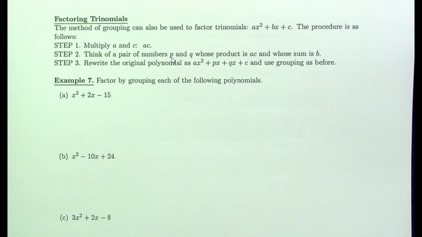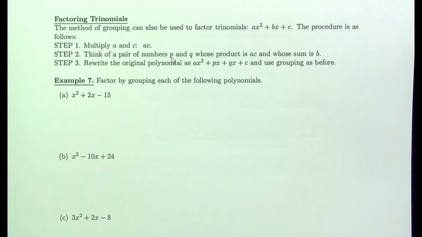What we do is that we modify it or rewrite the trinomial in such a way that instead of having 3 terms, it has 4 terms. So what we're going to do is we're going to take one of the terms and we're going to split it into 2, and then we're going to have 4 terms. And then we can use the grouping method that we just talked about on that.